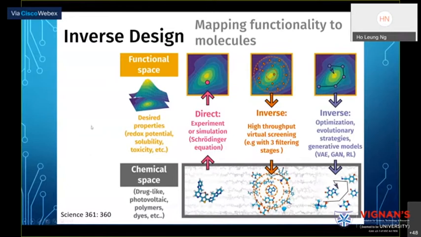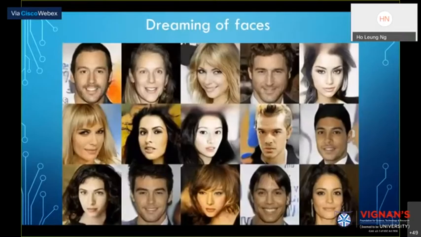This is a problem that is general to chemistry and goes beyond just drug design. Here's one way to think about it. You might be more familiar with some of the work in machine learning on images. Big companies like Google and Facebook have a lot of interest in analyzing faces.